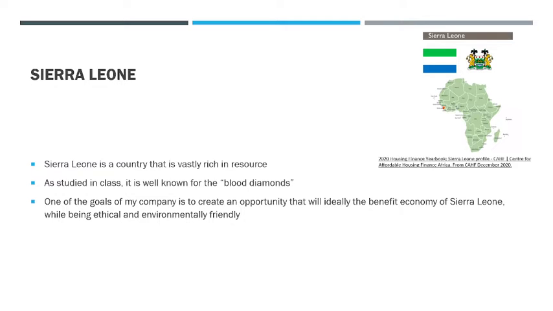So other countries will come in, and even internally, they'll come in and basically take advantage of the people and offer unethical ways of mining. This is kind of what started the whole blood diamond or conflict diamond idea.